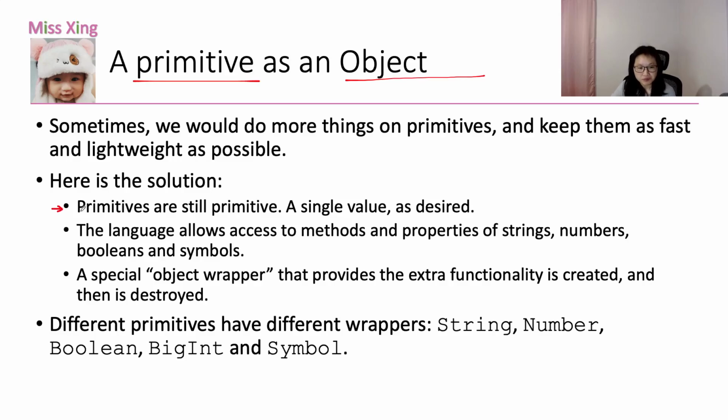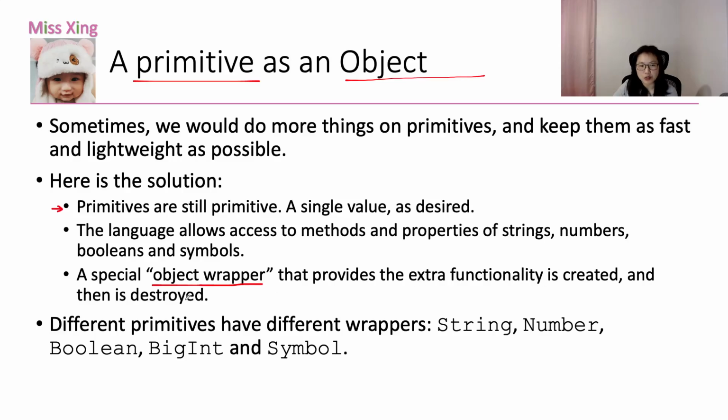I'm from a Java background. Primitives are still primitives, a single value, a number or a string, and JavaScript will allow us to access the methods and properties of strings, numbers, booleans, and symbols. We will show you some examples in future slides. And there will be a special wrapper object that provides those extra functionality.